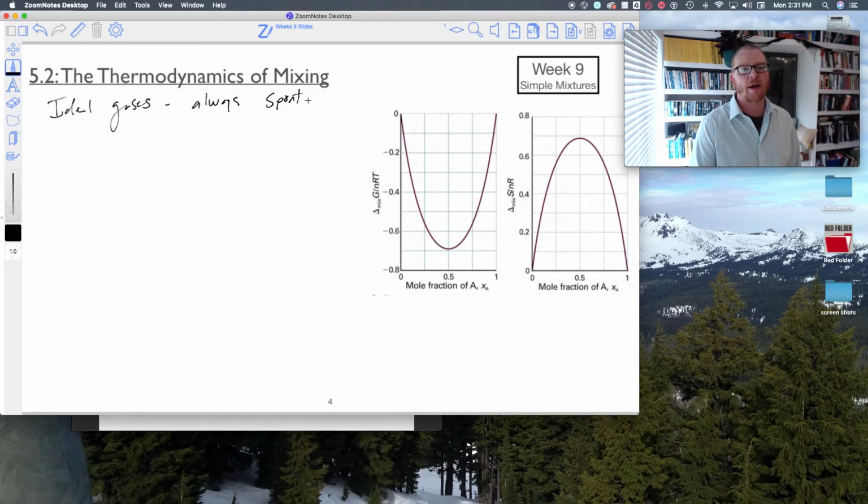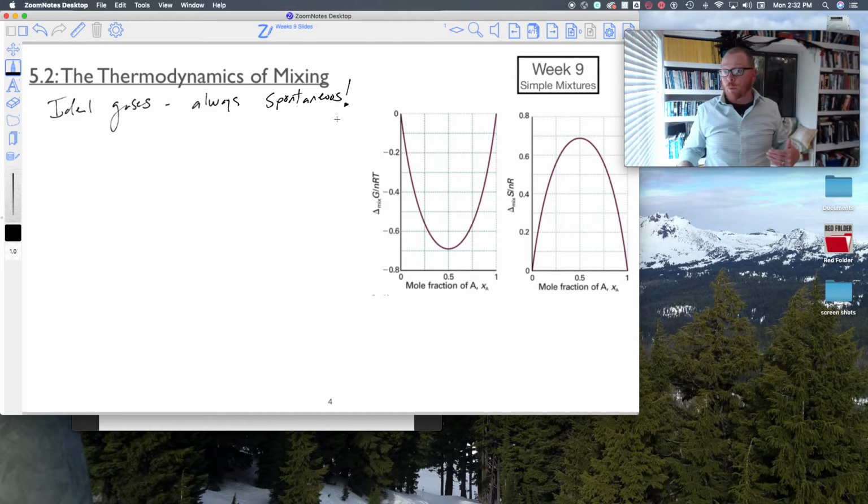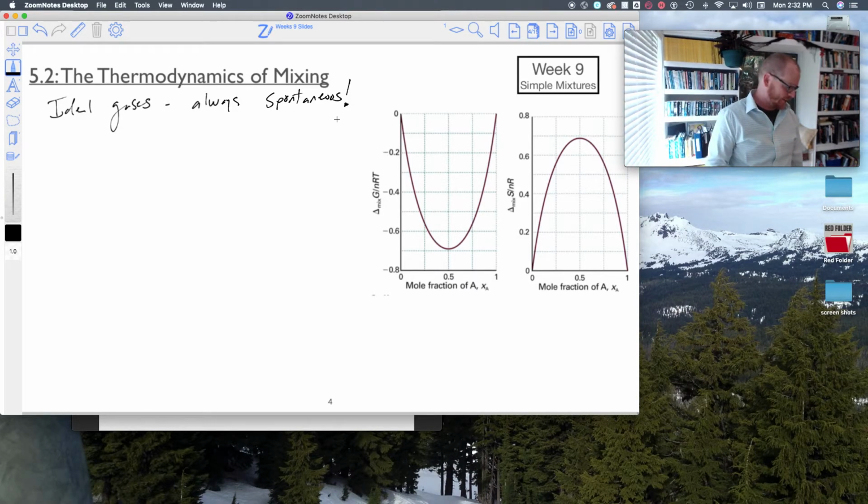Think about that: if I have a cylinder of oxygen and a cylinder of nitrogen, and I just open them both up and let them fill a room, they're going to mix with each other spontaneously. So in other words, delta G of mix for ideal gases is always less than 0.